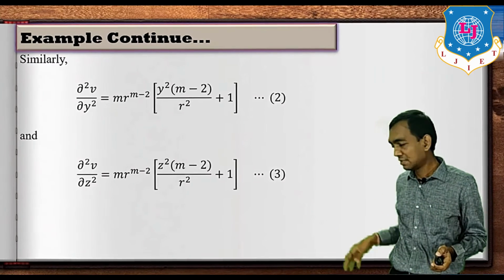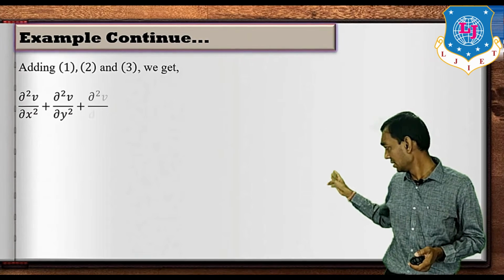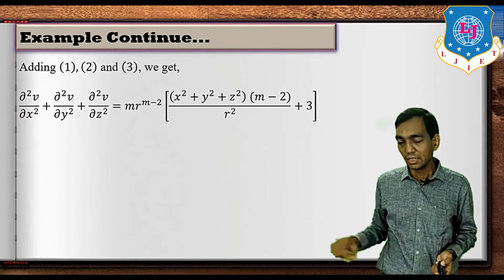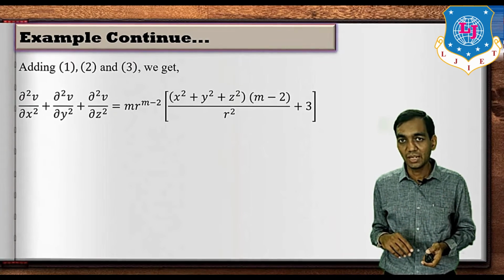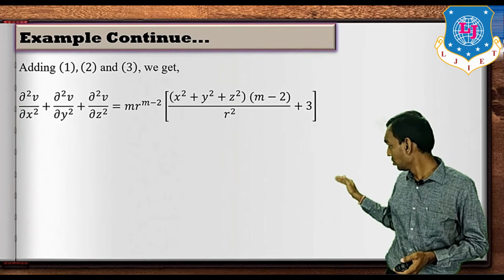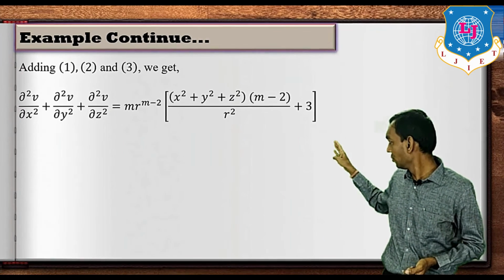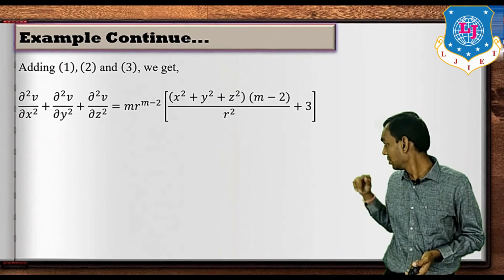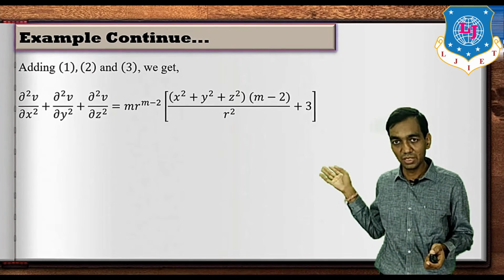So adding these three equations, that will give ∂²/∂x² plus ∂²/∂y² plus ∂²/∂z² of v is equal to m into r raised to m minus 2 into the bracket. Now see, (m minus 2)/r² is common from the first terms of the bracket, that will give x² plus y² plus z² into (m minus 2) divided by r², plus 1 plus 1 plus 1, that will be 3.